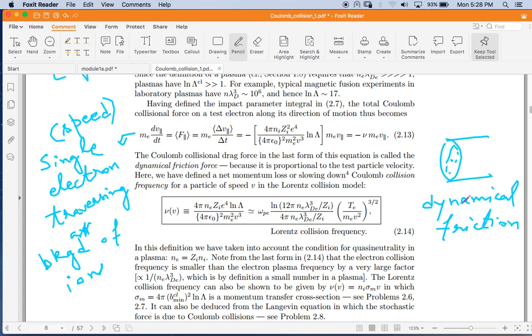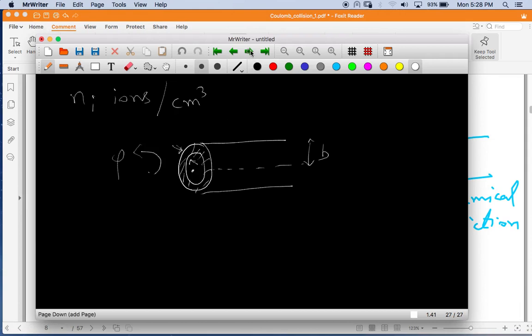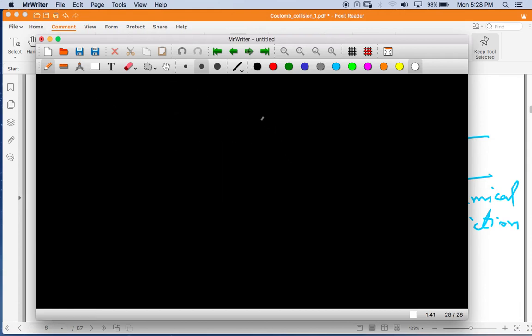When you've got a test star passing through it, the only interaction between this star and the background of stars is gravitational, right? So the gravitational force is also proportional to 1 over r squared, just like the Coulomb force.